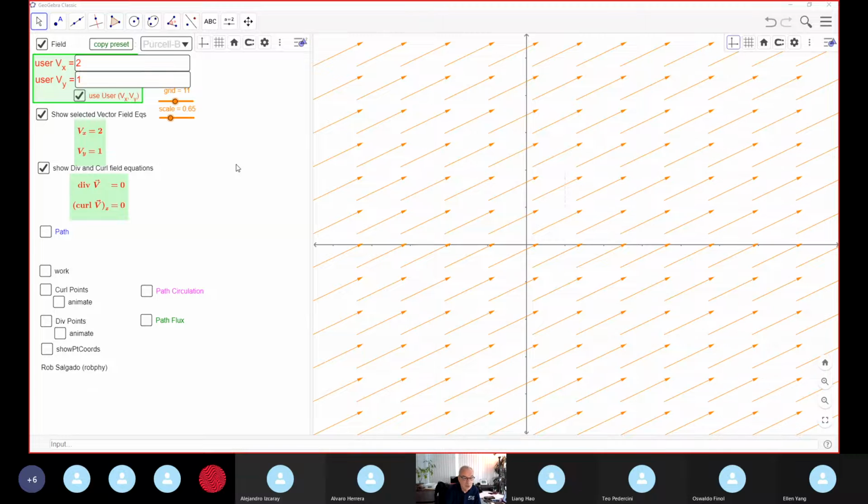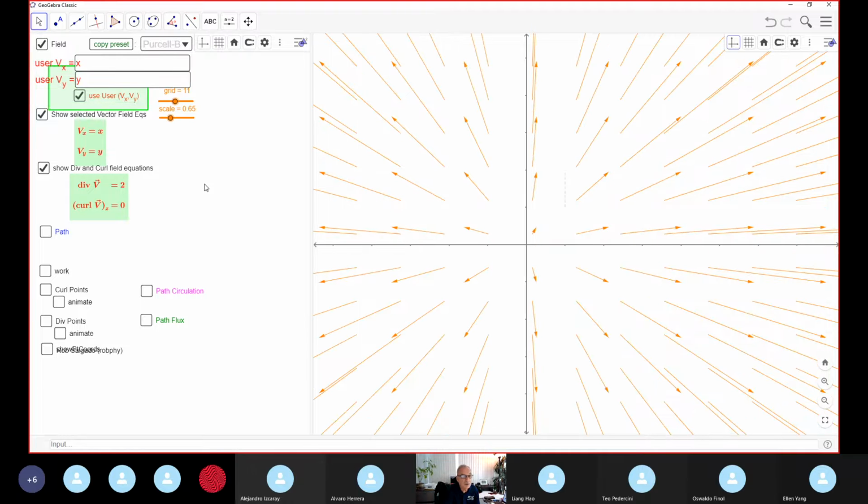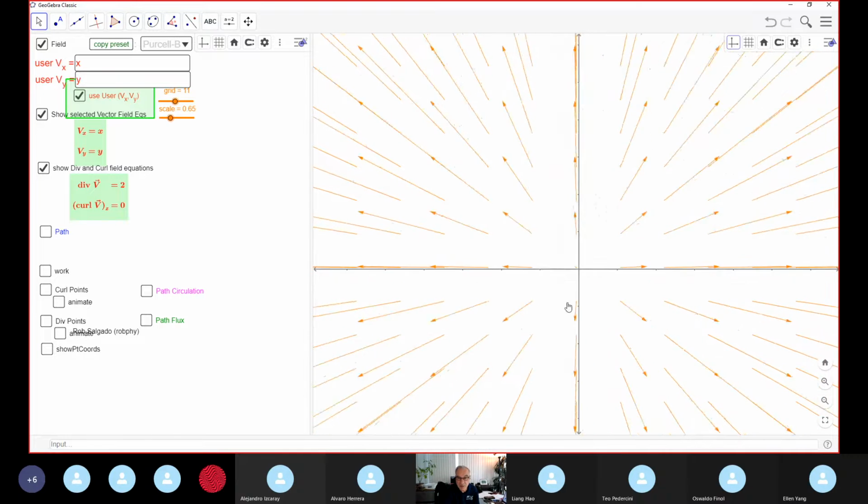I want to investigate the example first, with X here and Y here. Do you see the vector field is totally radial, no?